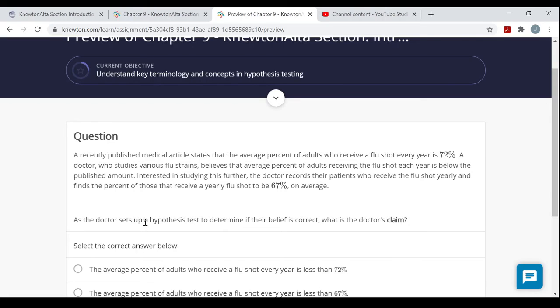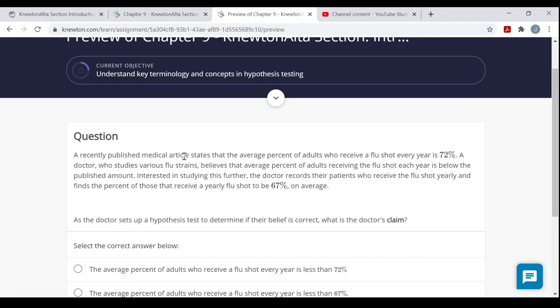As the doctor sets up a hypothesis test to determine if their belief is correct, what is the doctor's claim? What is their belief? What are they testing? Well, they want to test their belief that the average percent of adults receiving the flu shot is below what this article said.